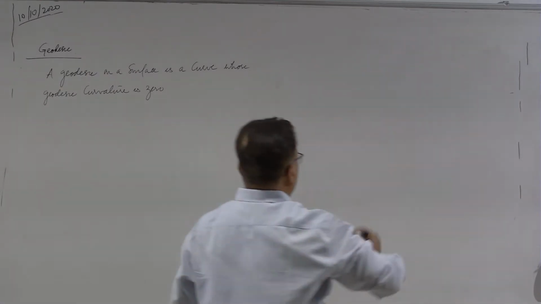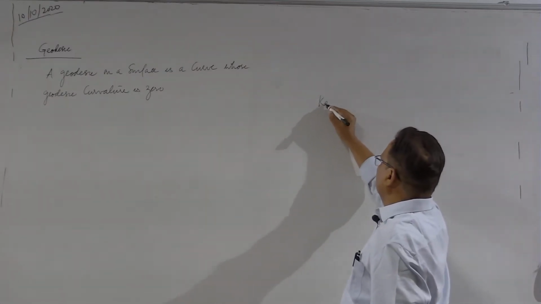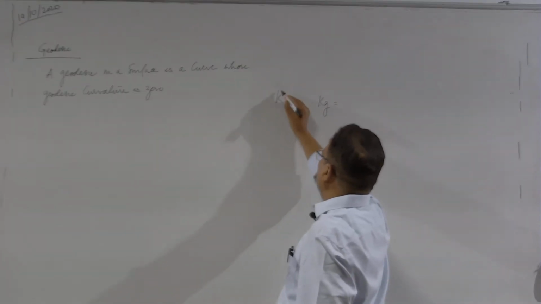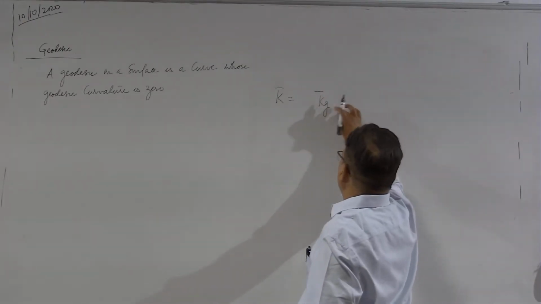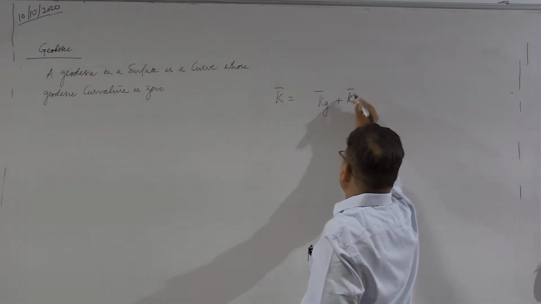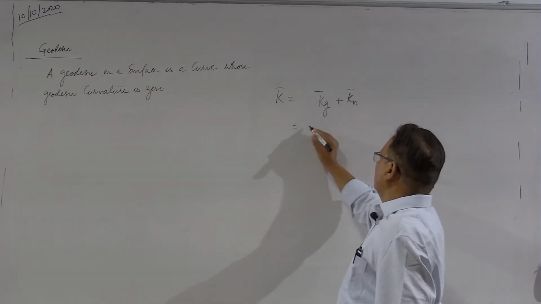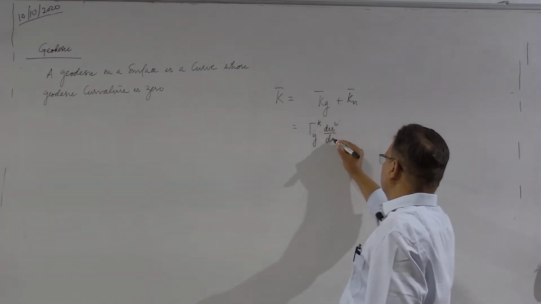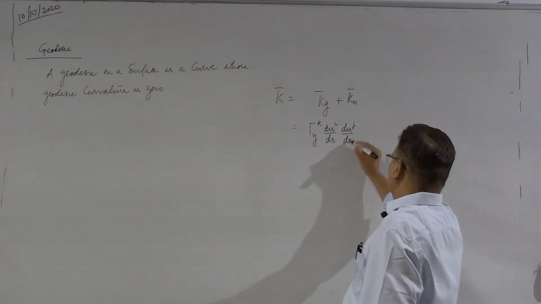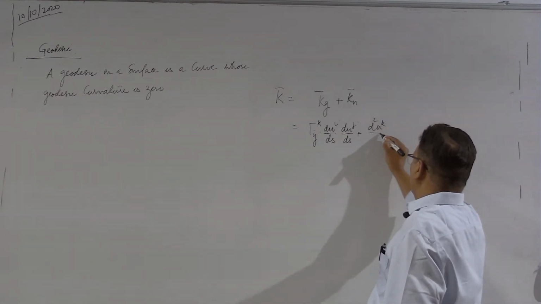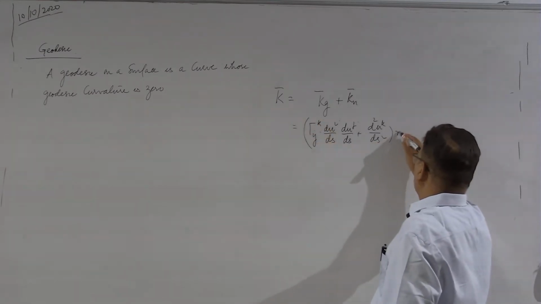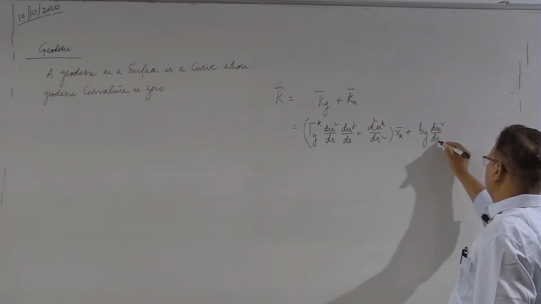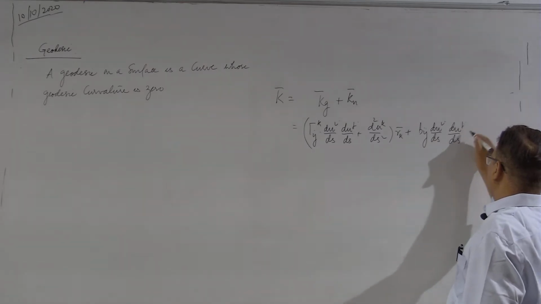Now, you know that geodesic curvature Kg bar, if you remember fully, the curvature k of a curve on a surface is Kg bar plus Kn bar, and this we worked out, it is equal to gamma k ij dui over ds duj over ds plus d2uk upon ds square into rk plus bij dui over ds duj over ds n.